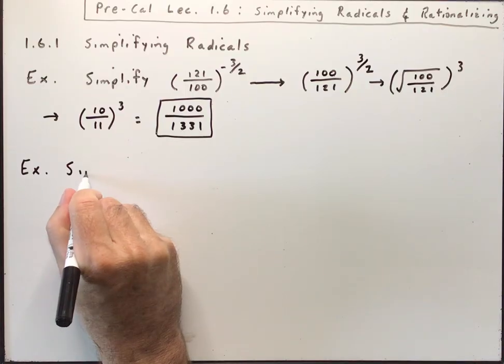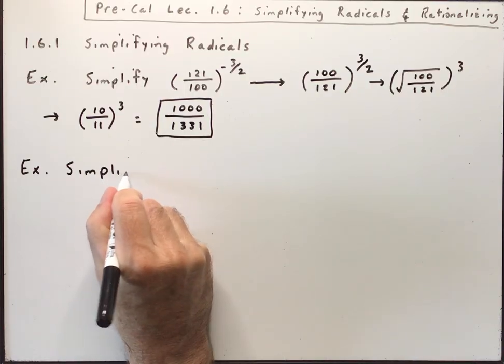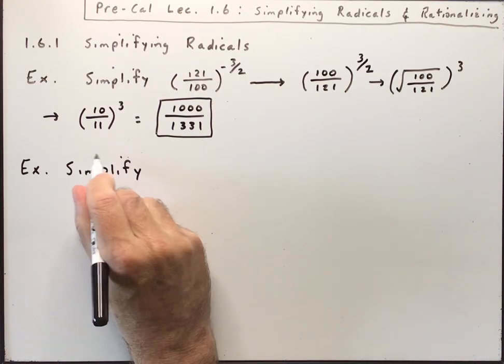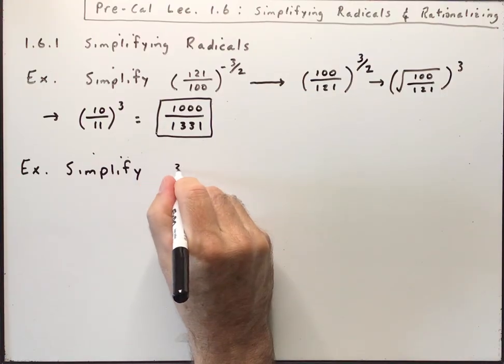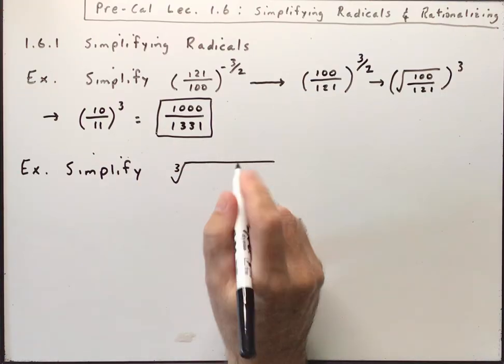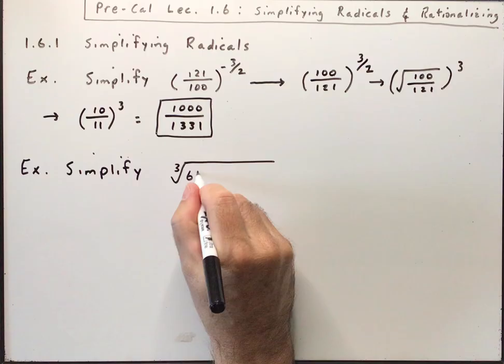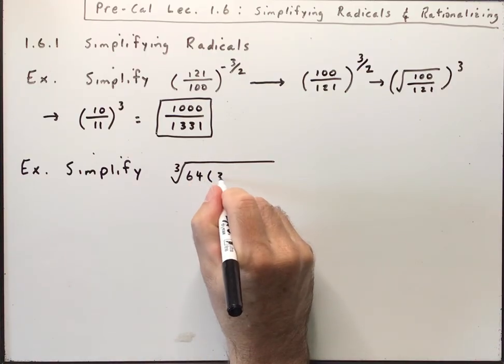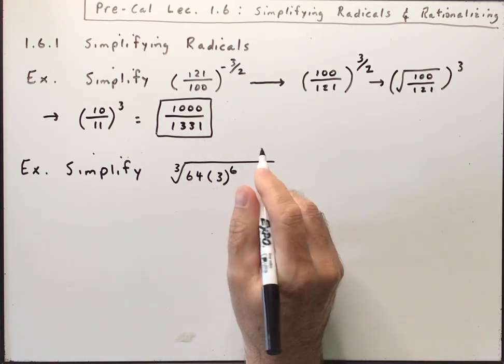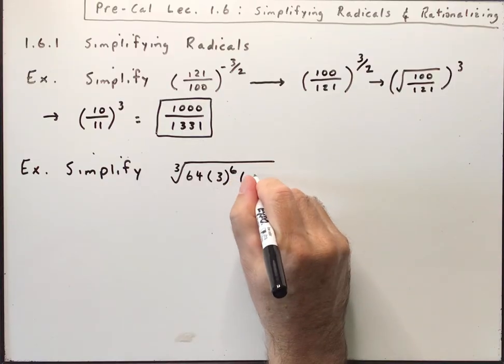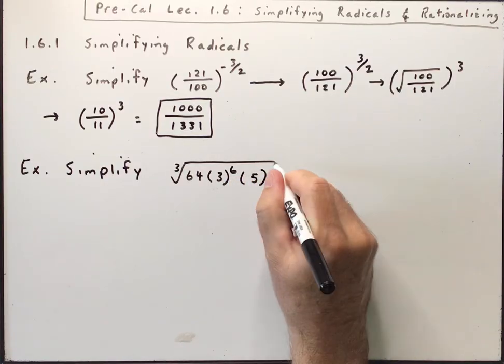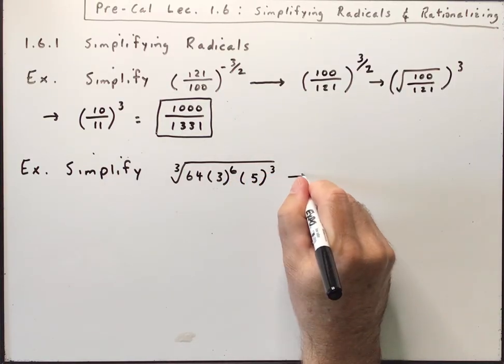All right, next example, let's simplify the cube root of 64 times 3 to the 6th power times 5 to the 3rd power. I'm going to rewrite this.